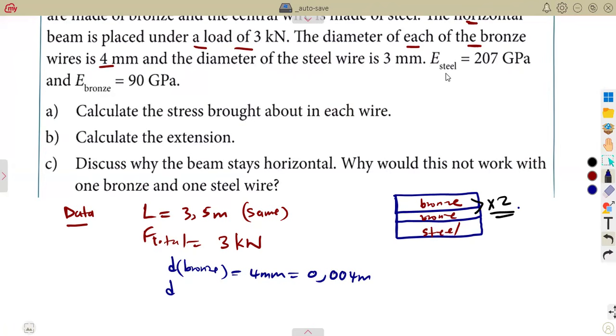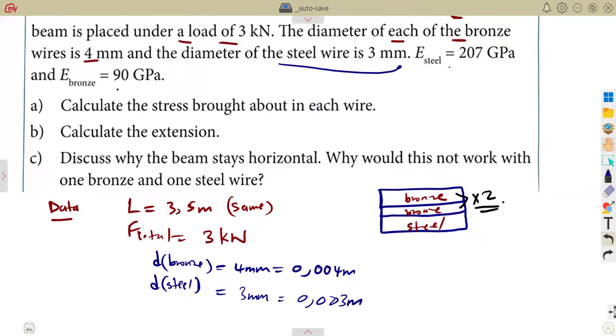The diameter for the steel wire is 3 millimeters, which is 0.003 meters. Then we are given E for steel and E for bronze. Calculate the stress brought about in each wire.